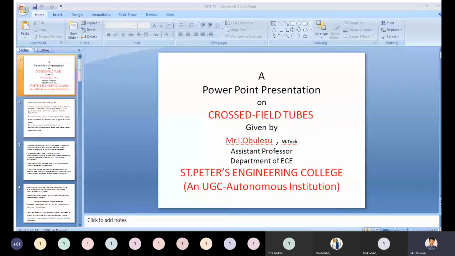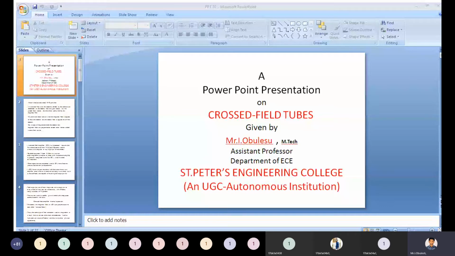The cavity magnetron was radically improved by John Randall and Harry Boot at the University of Birmingham in England in 1940.